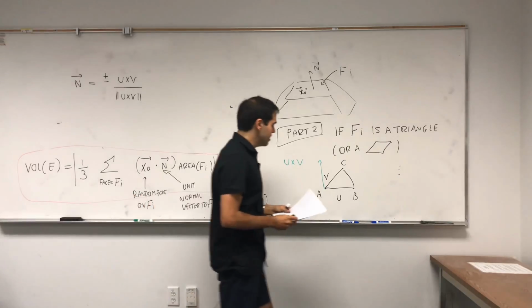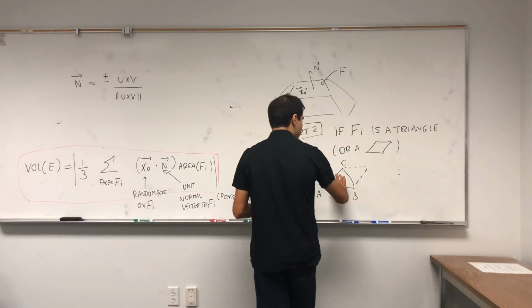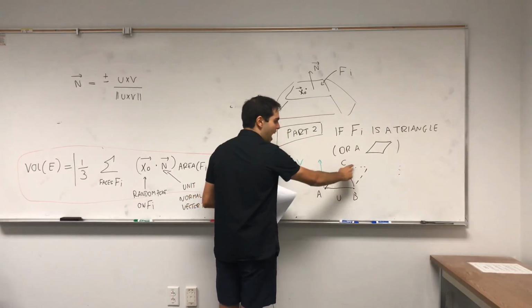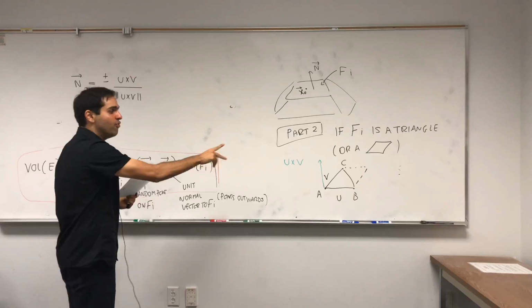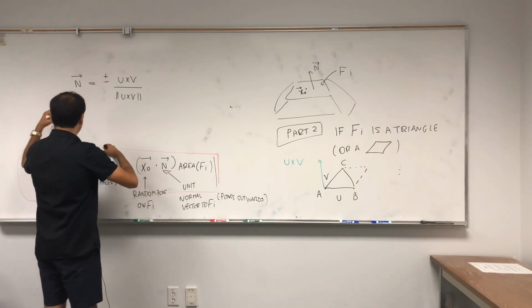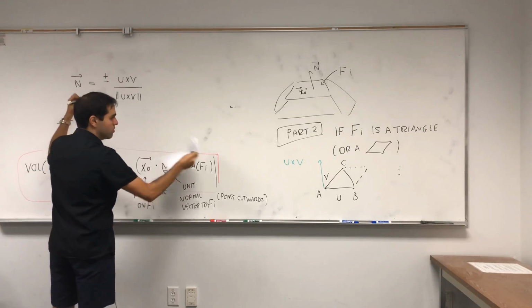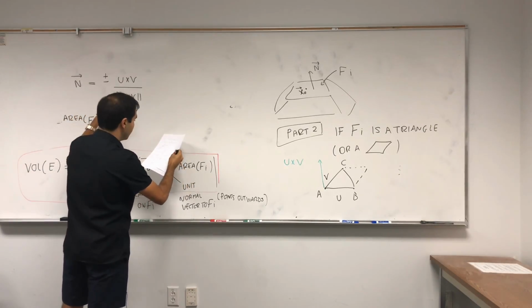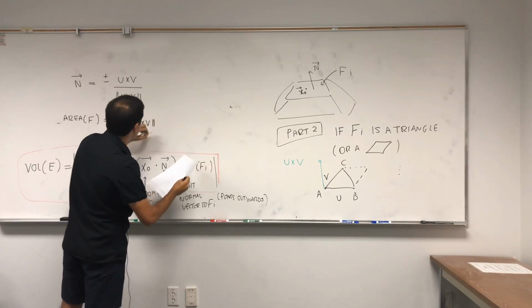That's the first thing. Second of all, how do you get the area of the triangle? Well, it's half times the area of the parallelogram, which becomes half times the length of u cross v. So area of the face Fi equals 1/2 times the length of u cross v.